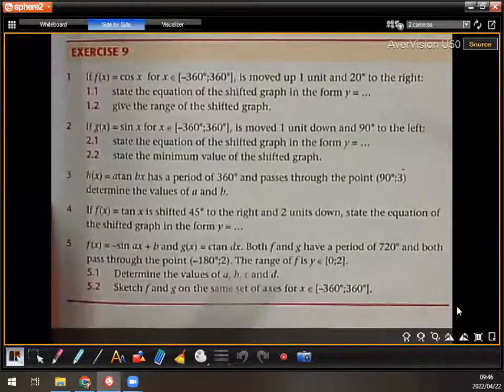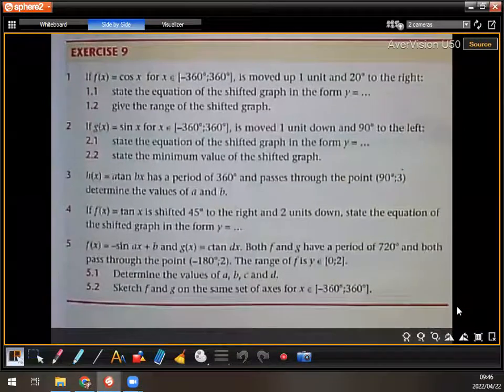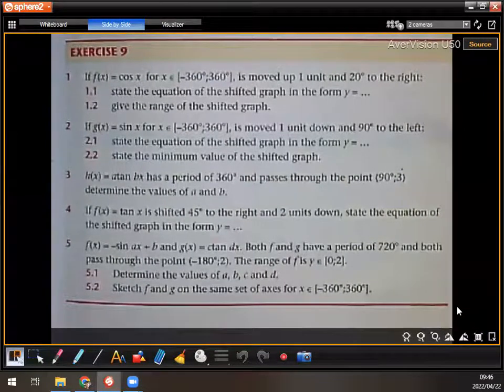All right, you're doing 1, 2, and 4 of this exercise. That's exercise 9. But then obviously the other exercises are on a different page.